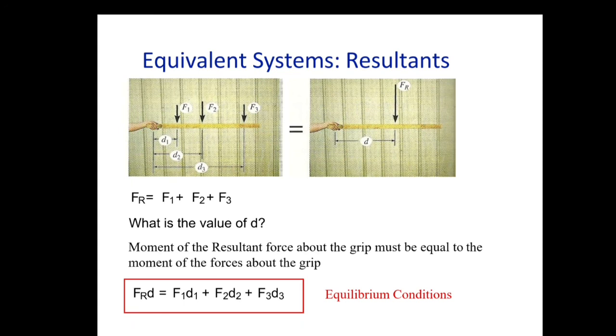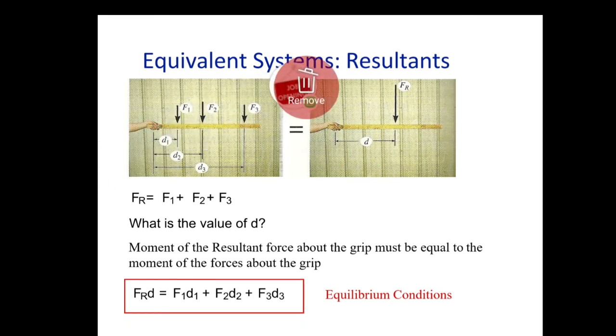If we replace these three forces with a single force, the effect of that single force should be equivalent to this three force system. So this single force should have the effect of these three forces. Fr will be equal to F1 plus F2 plus F3, but we don't know the distance of this force. So let this resultant force be at a distance D from the grip provided at the left hand. Now what is the value of D?